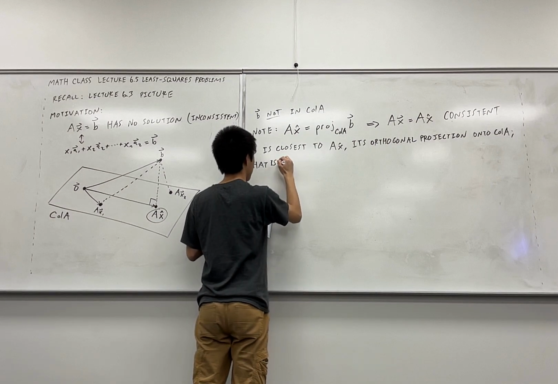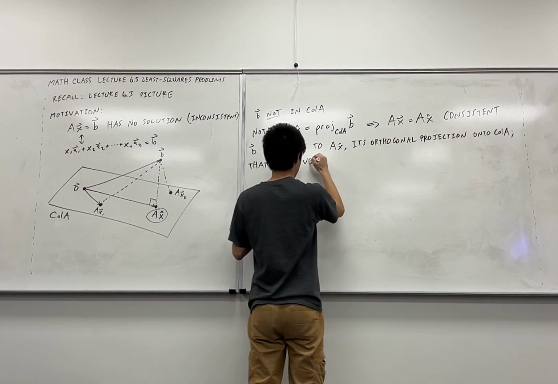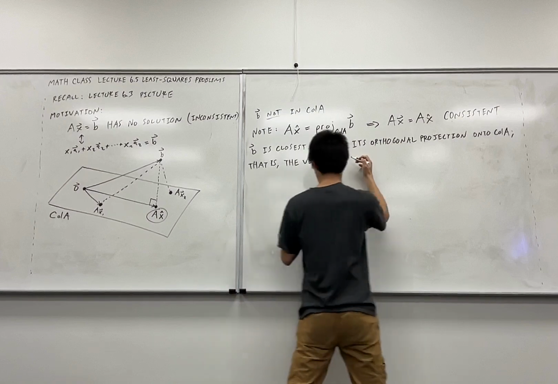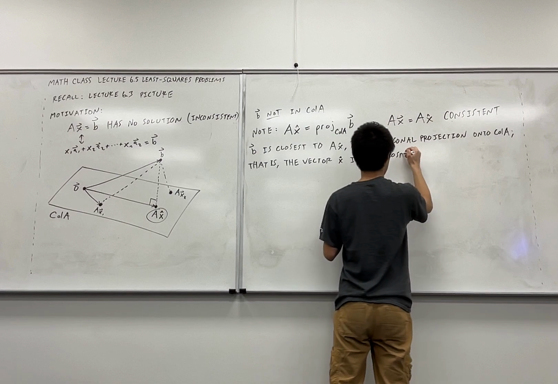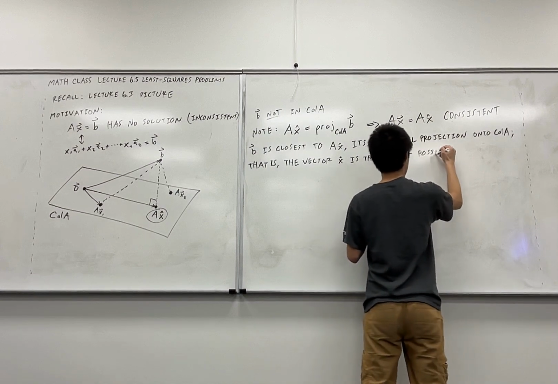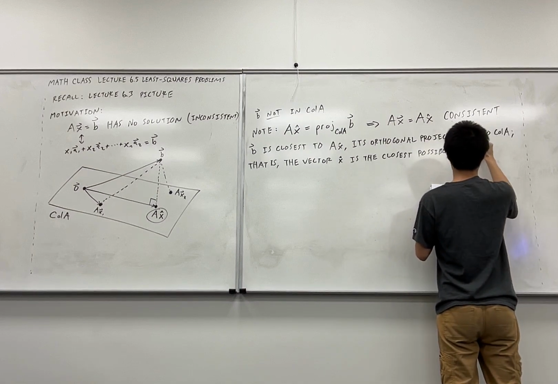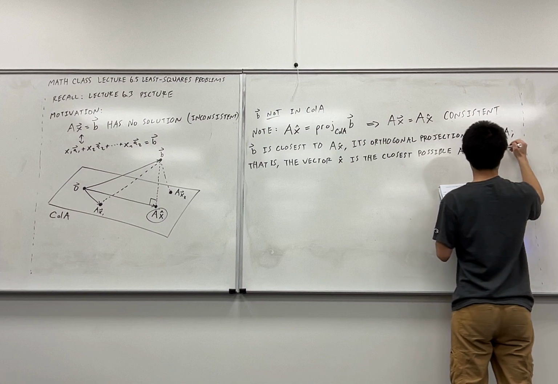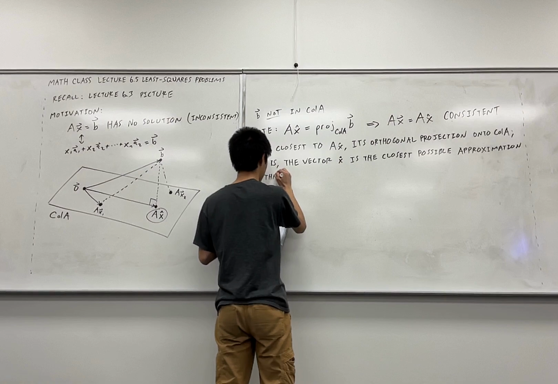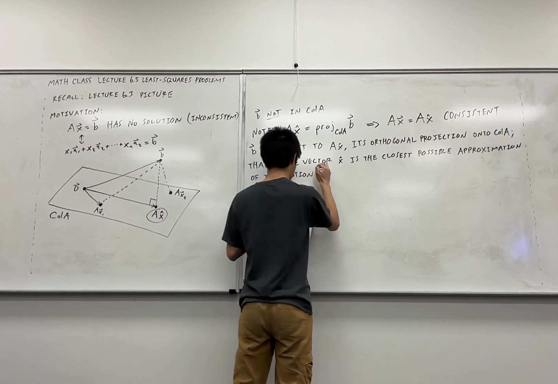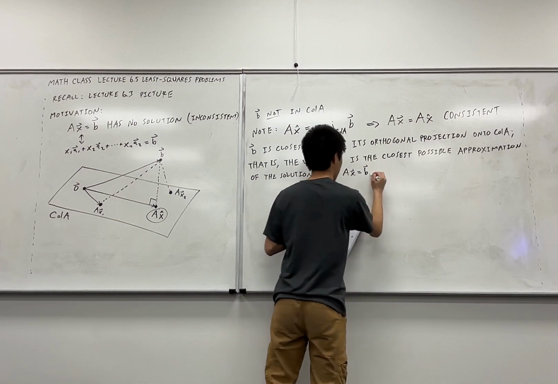That is, the vector x hat is the closest possible approximation of the solution for Ax, the original matrix equation, Ax equals B.